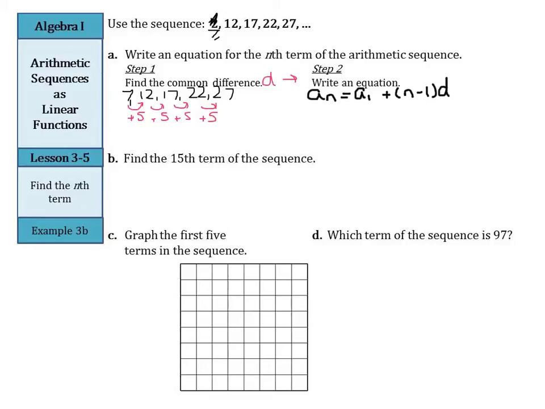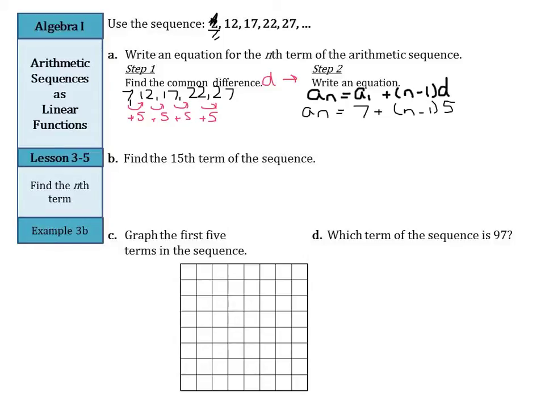So when we go to make our substitutions in here, we don't know what a_n is. But we do know that our first term is 7 plus that n minus 1 times our common difference, which in this case was 5.